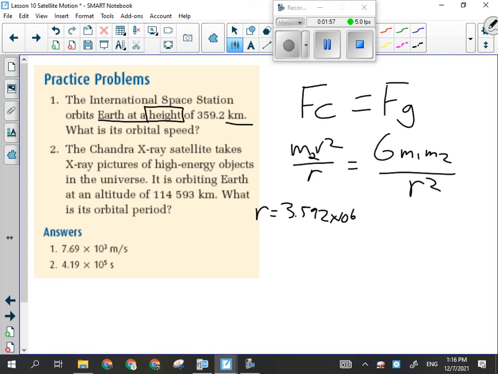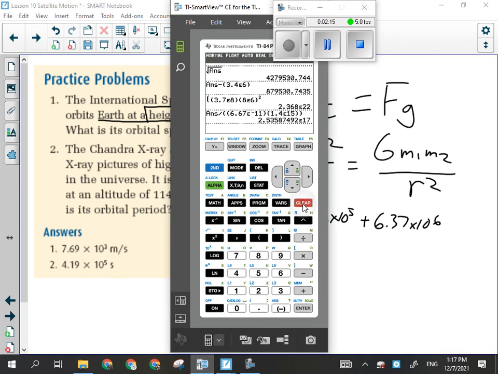Sorry, 10 to the 5, not 10 to the 6. Meters plus the radius of the Earth, 6.37 times 10 to the 6. If I add those two numbers, I'm going to get my actual orbital radius here.